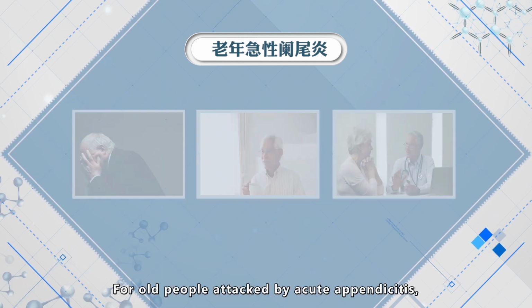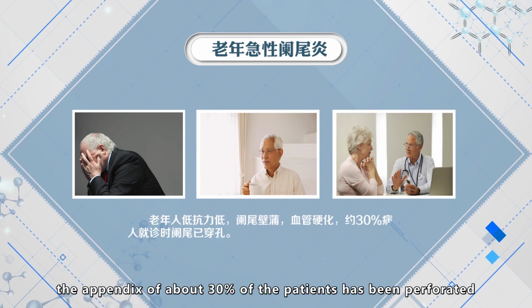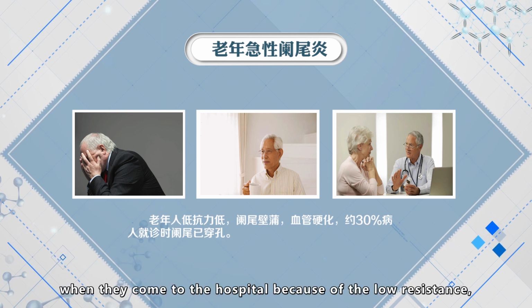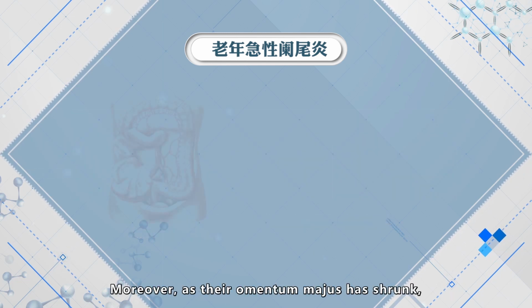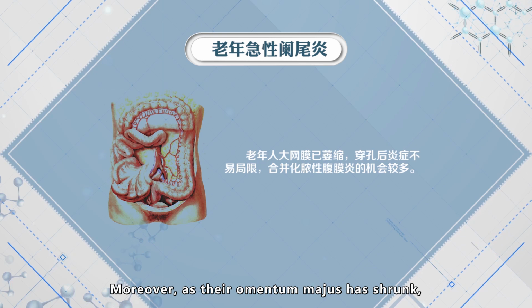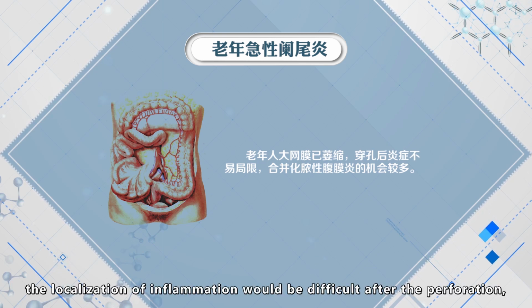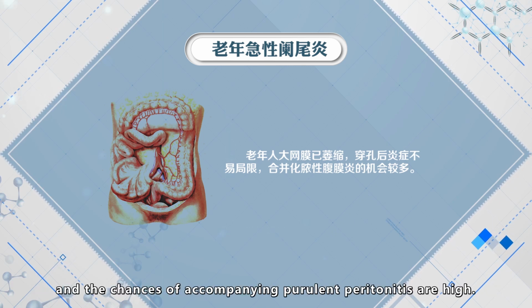For old people attacked by acute appendicitis, the appendix of about 30% of the patients has been perforated when they come to hospital because of the low resistance, thinning appendix wall, and angiosclerosis. Moreover, as the omentum majus has shrunk, the localization of inflammation would be difficult after the perforation, and the chances of accompanying purulent peritonitis are high.